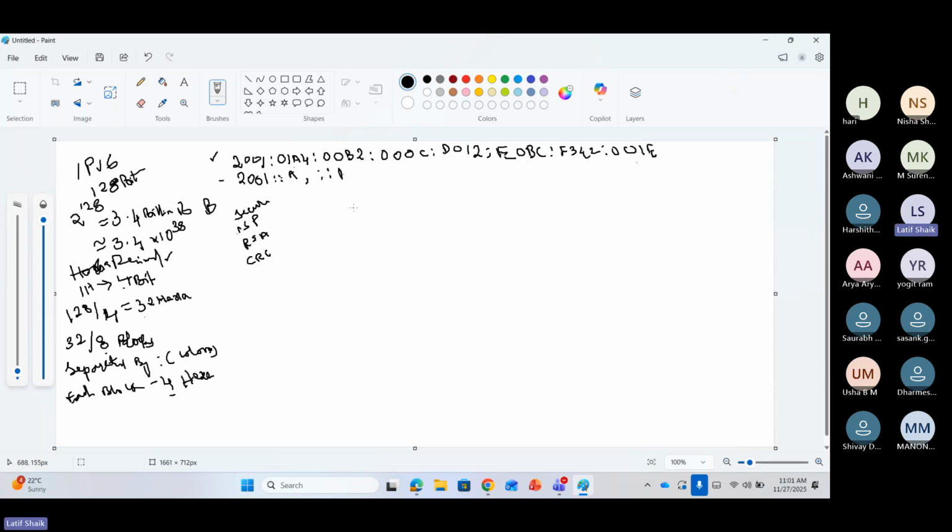Colon 1 means it is a loopback ID. In IPv4, you have 127.0.0.1 as a loopback address. Here it is colon 1. So that's an example of IPv6 addresses.